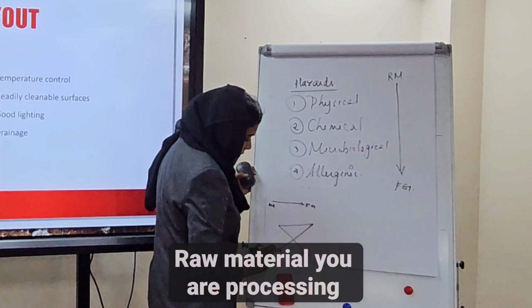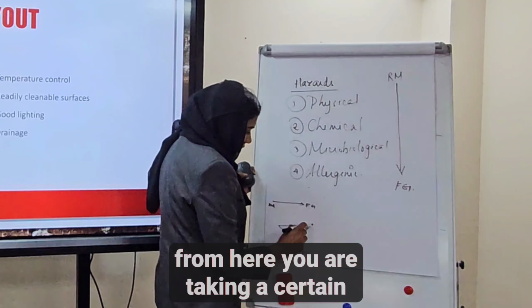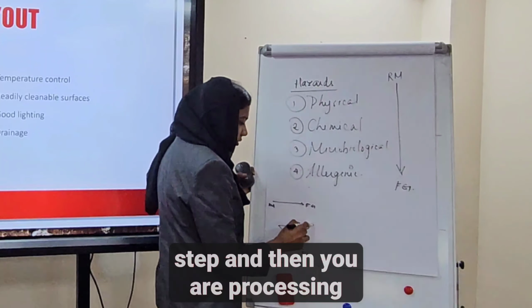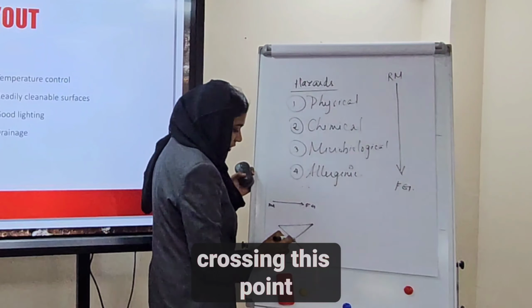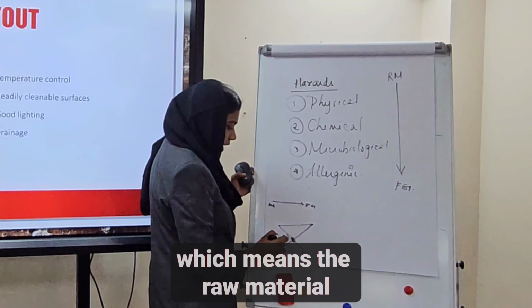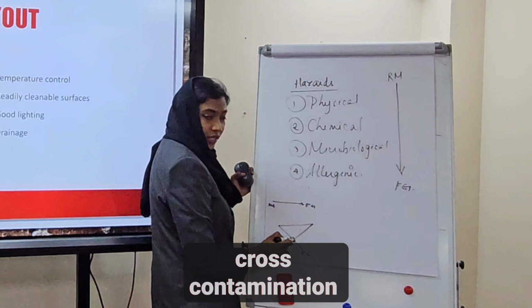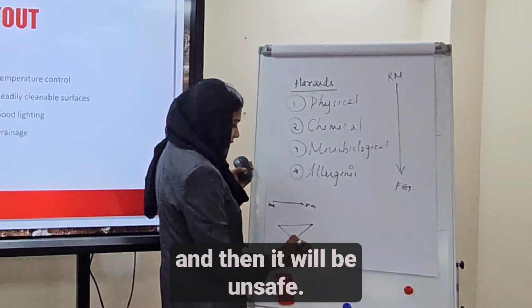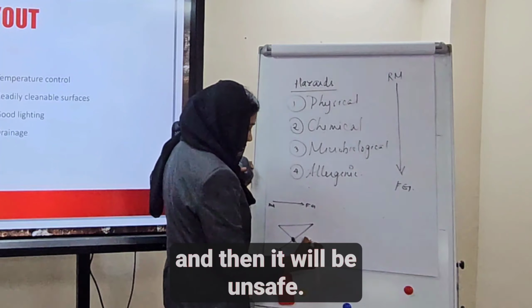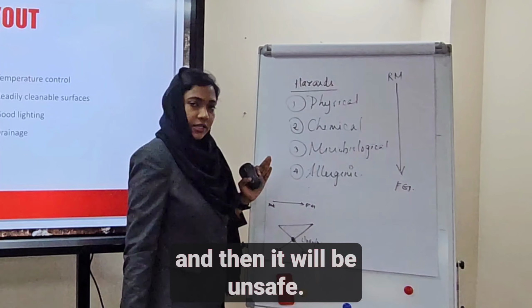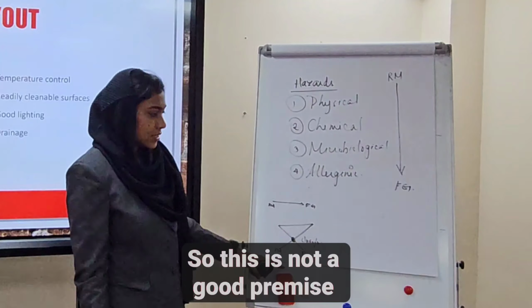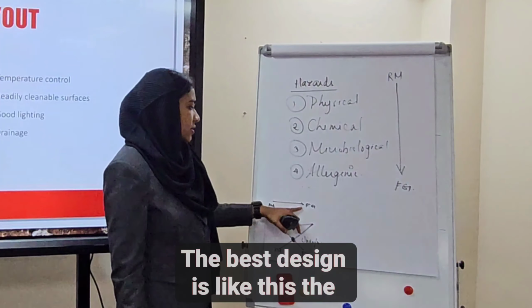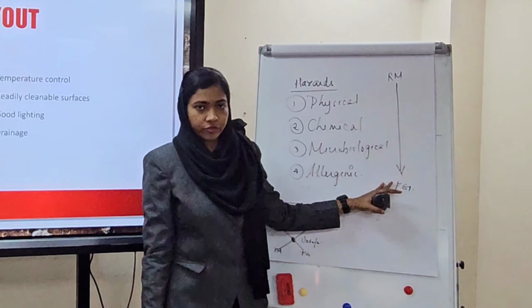Your raw material you are processing from here, you are attaining a certain step, and then you are processing, and again the finished good is crossing this point, which means the raw material and the finished good will have cross contamination over here, and then it will be unsafe. So this is not a good premise design. The best design is like this, the linear workflow.